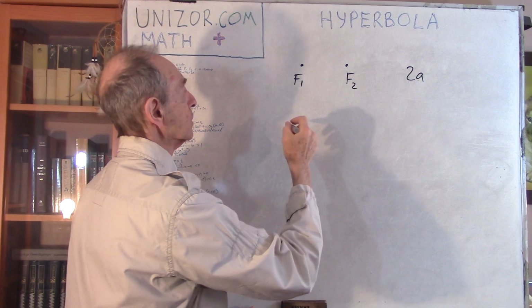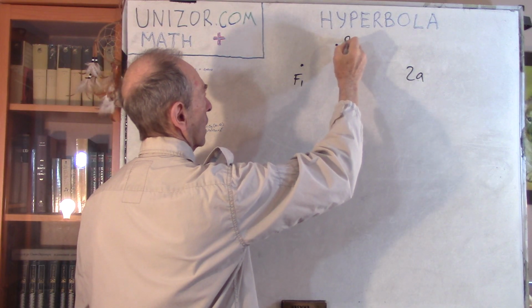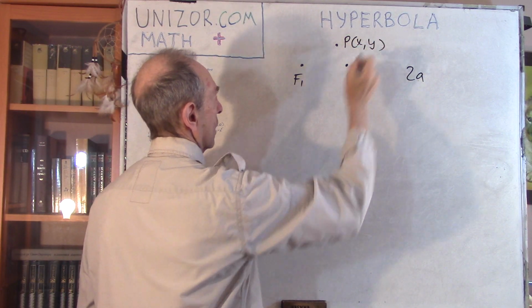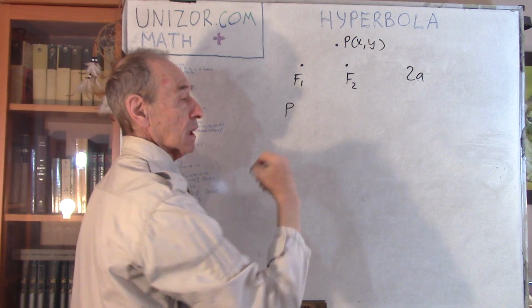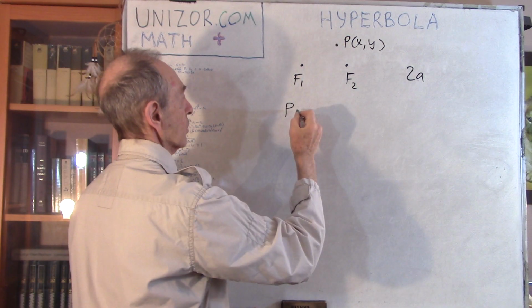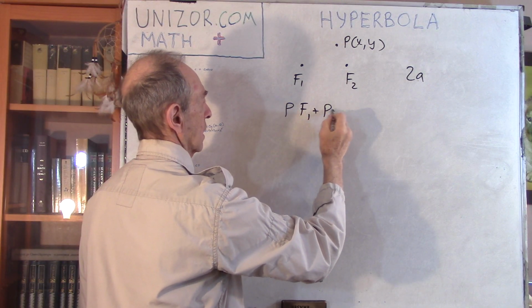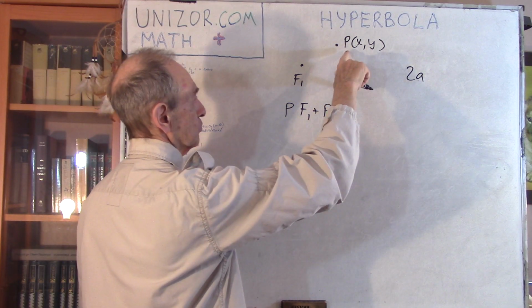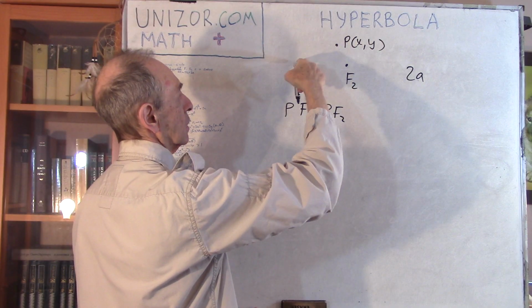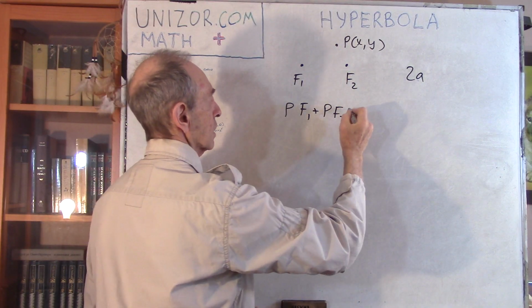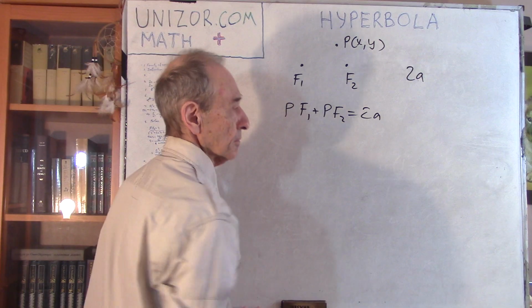For the ellipse, the characteristic was that the sum of the distances from a point on the ellipse to the two foci should be equal to 2a.